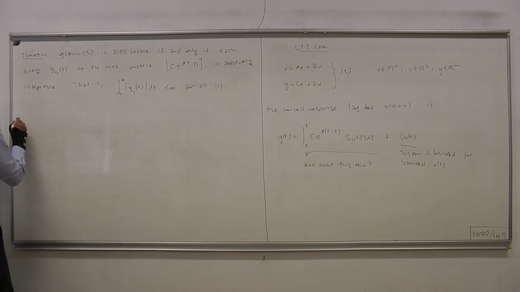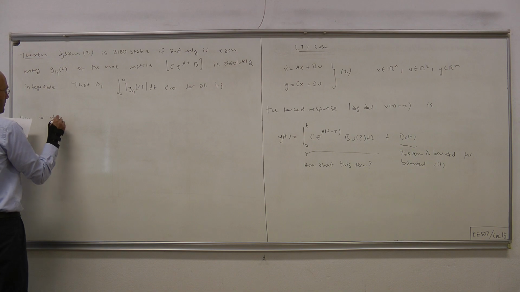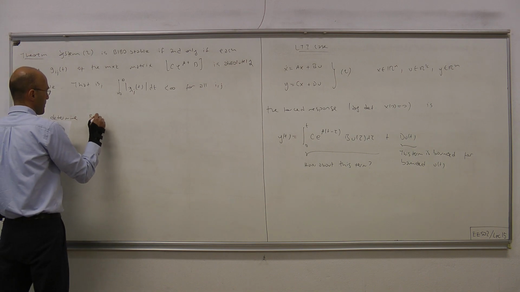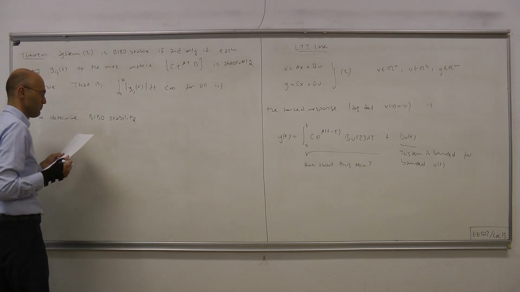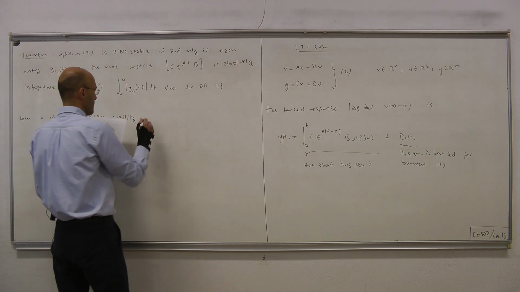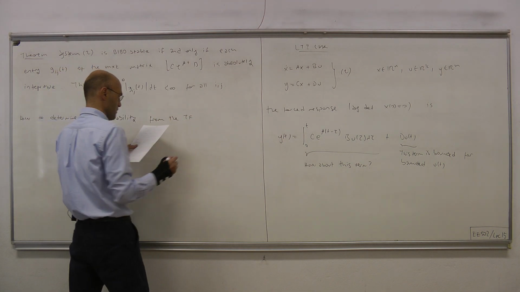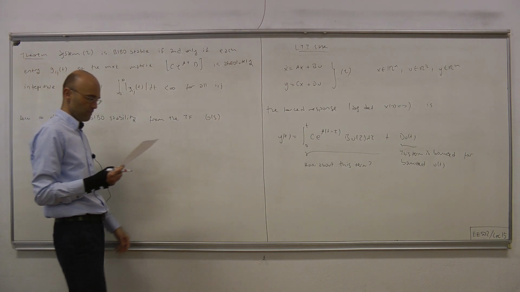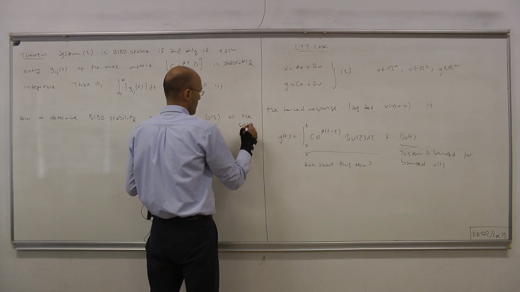Okay, and that's our next object of study: how to determine BIBO stability from the transfer function, denoted by G of s, of the system.